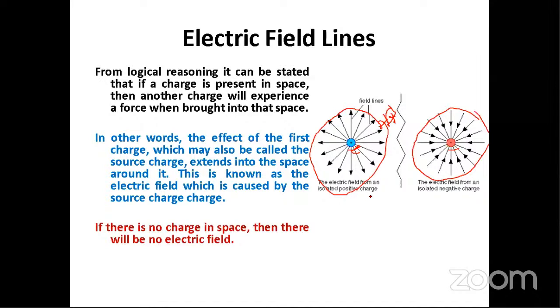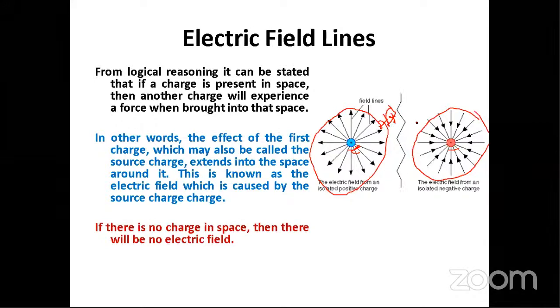Maybe in your mind you have a question: why do the lines go outward in case of a positive charge, and why inward in case of a negative charge? Suppose you bring a test charge, which is generally positive, so it experiences a repulsive force.